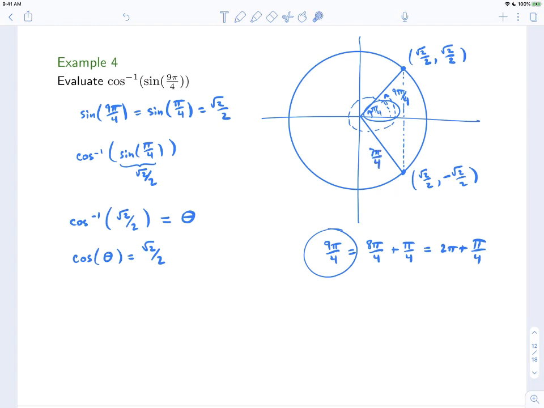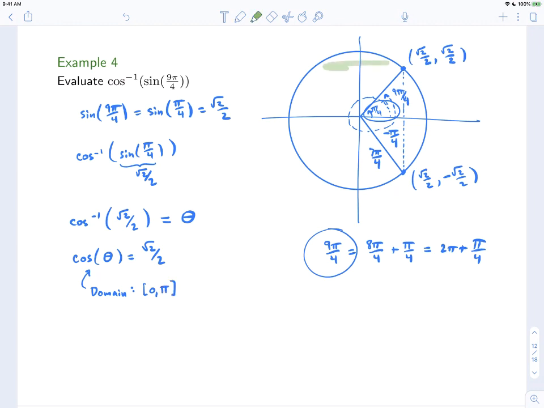It's probably easier to think of it in the other direction because this is minus pi over 4. So if that's minus pi over 4, then 2 pi, which is 8 pi over 4, minus 1 pi over 4 will give you 7 pi over 4. However, we're looking at cosine on a restricted domain. So the restricted domain here for cosine is 0 to pi.